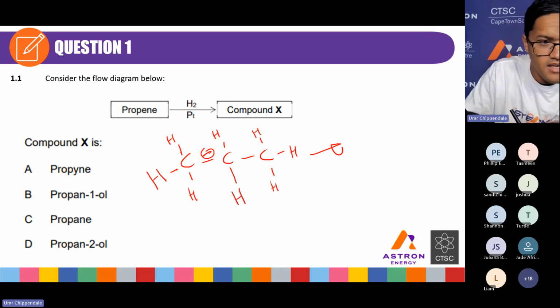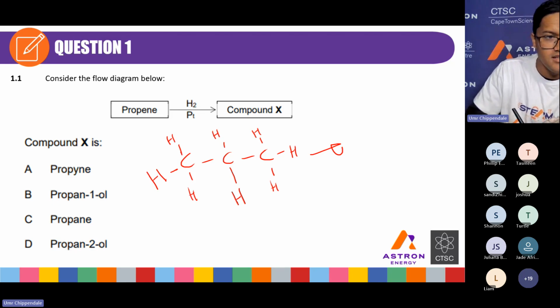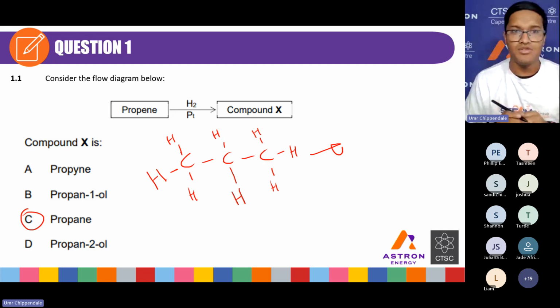So we are going to take the eraser, erase this away, and therefore we can see that if you add hydrogens to it, this is what it will look like. And what is this called? That is just propane with single bonds everywhere. So therefore, our answer is going to be C, propane. Remember, multiple choice is just worth 1 mark, and that's how we sort this one out.